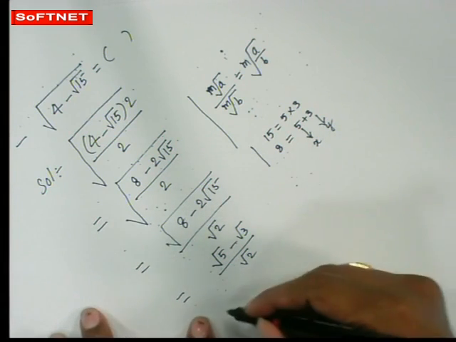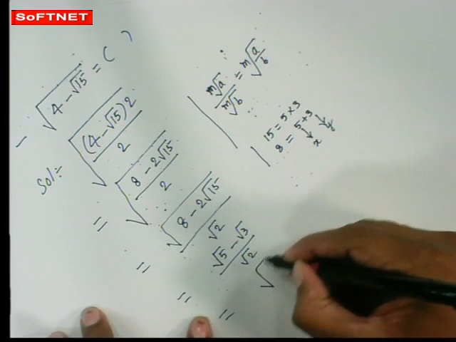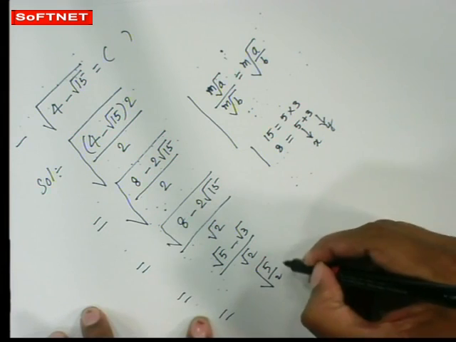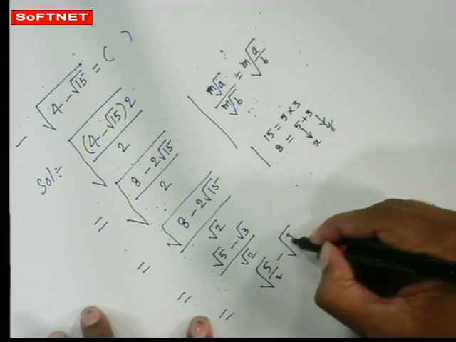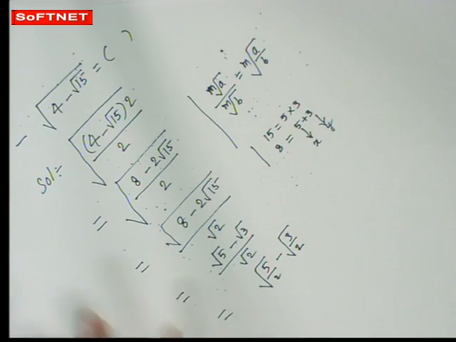So our answer is root of 5 by 2 minus root of 3 by 2. In this way we can find the square roots of surds which are in the form of a plus root b or a minus root b.